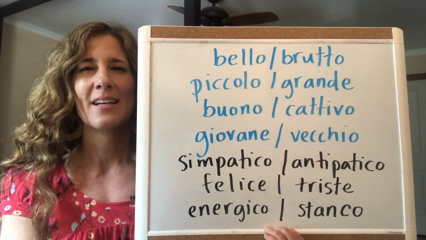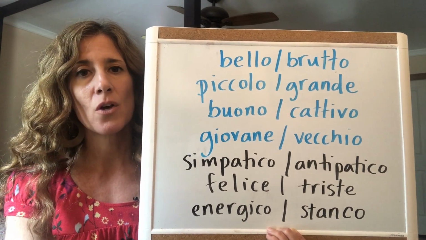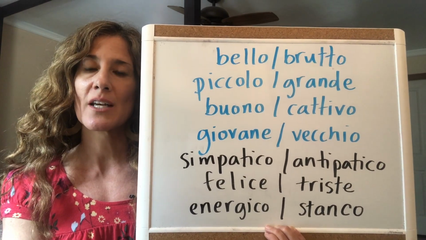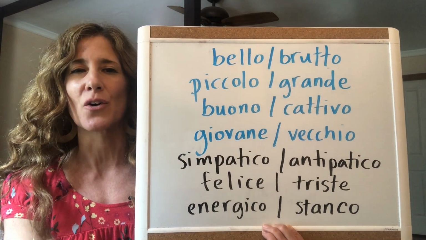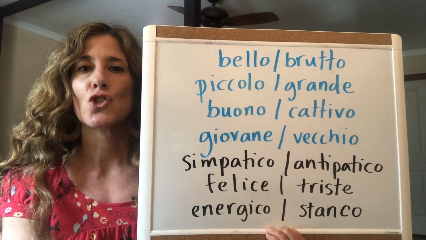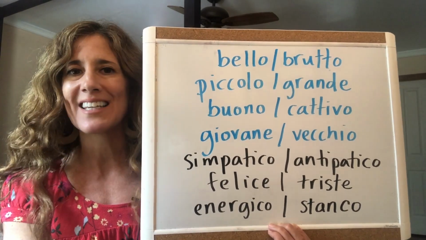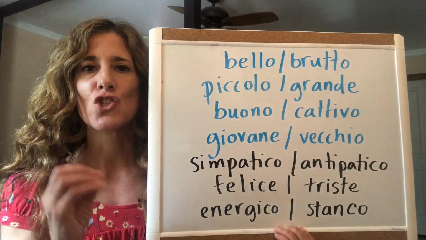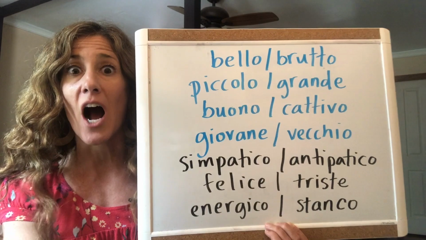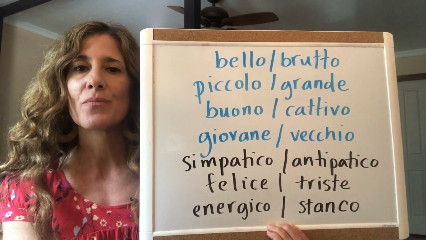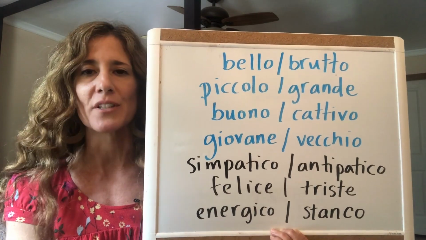Poi, buono, cattivo. Buono is good. Cattivo is the opposite, is bad or naughty. Okay? E poi, giovane, not Giovanni. Giovanni is a guy's name. Giovane has the accent on the first syllable, and that means young. Vecchio, old. Okay, so that's the contrast of opposites there.